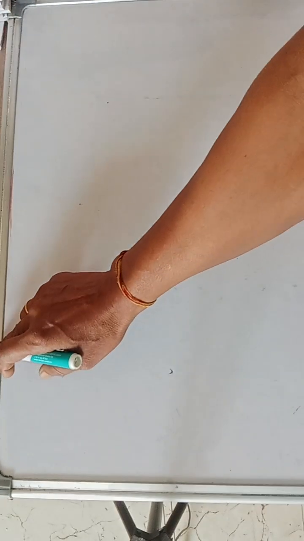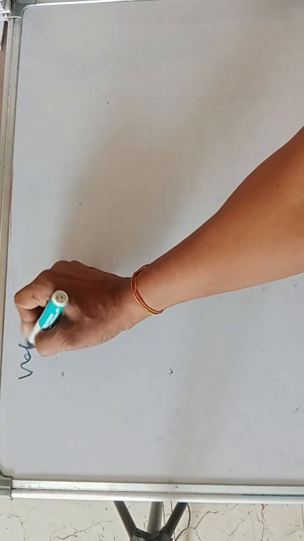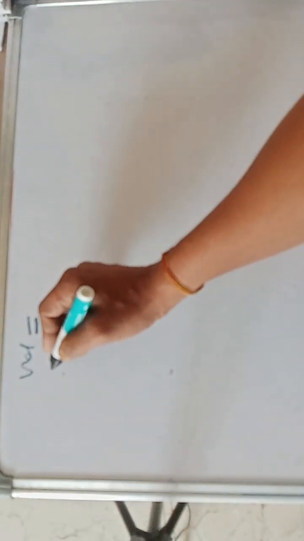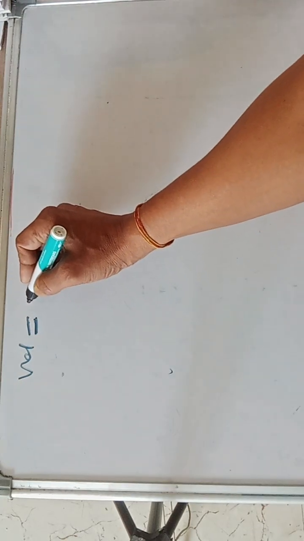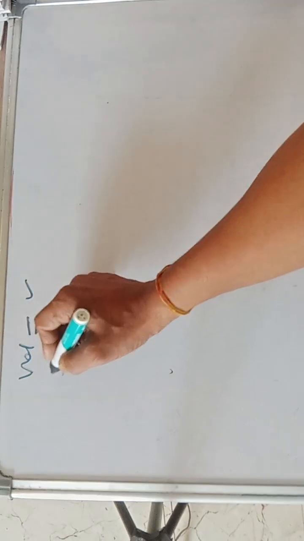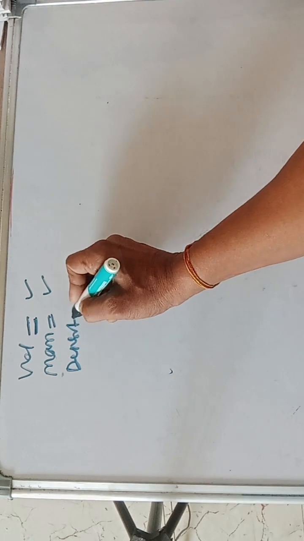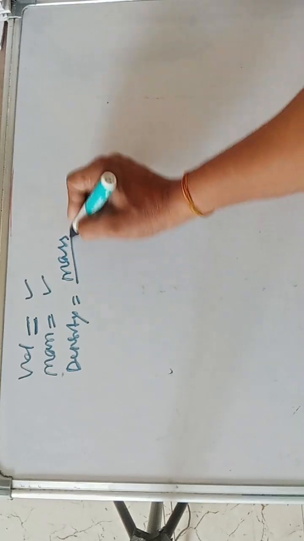Now, a composite quantity means a quantity that depends upon other quantities. Here we say derived quantities. Suppose volume is given and mass is also given. When we find out the density of any item, that is mass divided by volume.